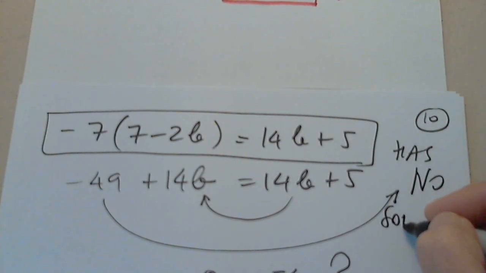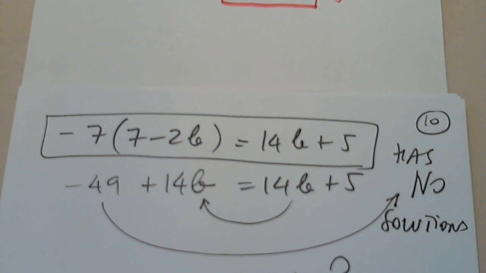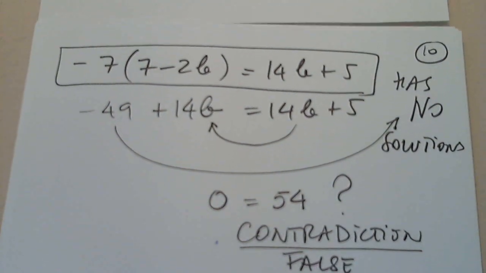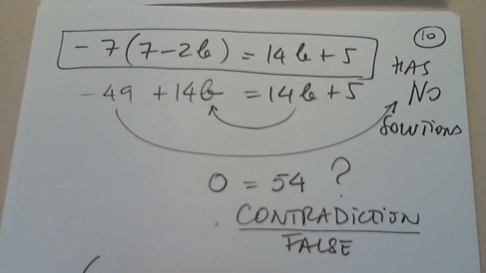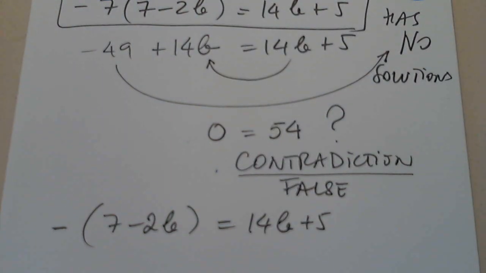No solutions. This is a contradiction from the get-go. No solutions. I'm going to change the problem a little bit. So let's work on this one and see what we get.